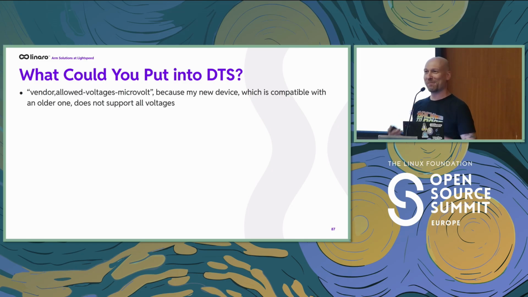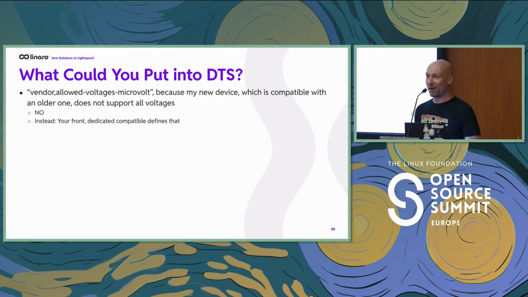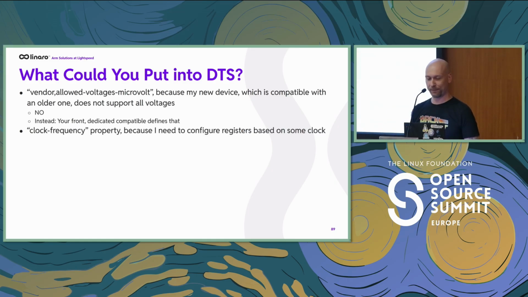So if you listen to what I was saying earlier, probably you might get the answer that probably no. Because if these are two different devices, they have their own compatible, and the compatible defines that. So this is already implied by the dedicated compatible. And therefore, for that case, this is actually not a suitable property, even though the property is hardware related.